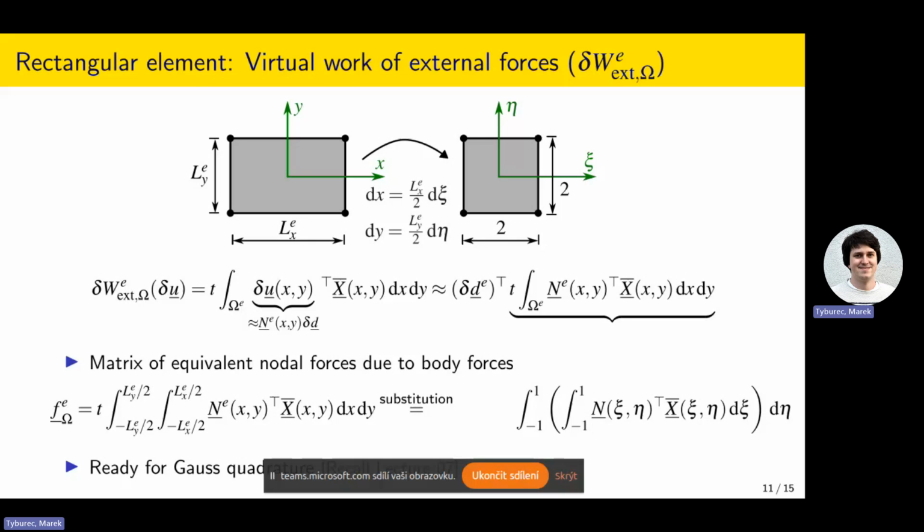We already had dx is equal to Lx over 2 d psi and dy is equal to Ly over 2 d eta. So we do the substitution, and now the integral will become: we're going to integrate in the domain which is now from -1 to 1, and the outer integration and the inner integration are again from -1 to 1.